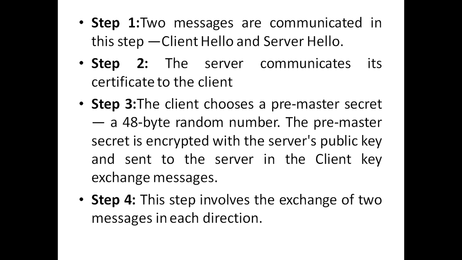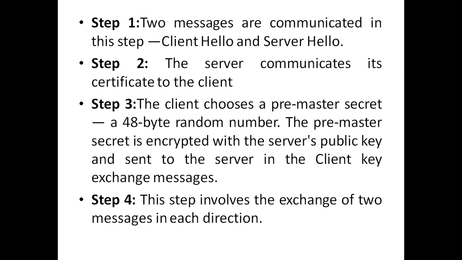The last step involves the exchange of 2 messages in each direction. The first of these is a change cipher specification message. The party that sends this message signals that from now on the cipher suite just negotiated and the keys just computed will be used.